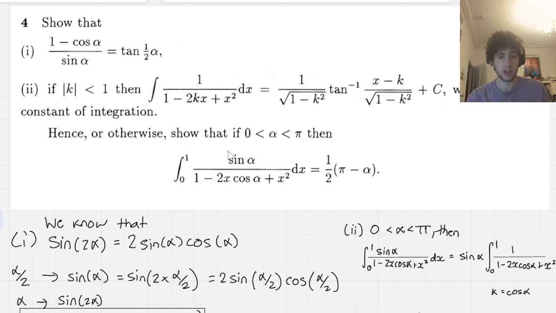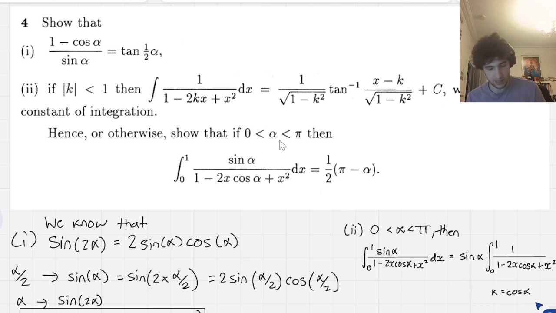But if we think about the inequality 0 is less than alpha is less than pi, we notice that cosine of 0 is 1, and it's not including that point. It's going to go 1, 0, minus 1, and cosine of pi is minus 1, but it doesn't include that point either. So the mod will never be 1, so that's fine. We can do this. So k is equal to cosine alpha.